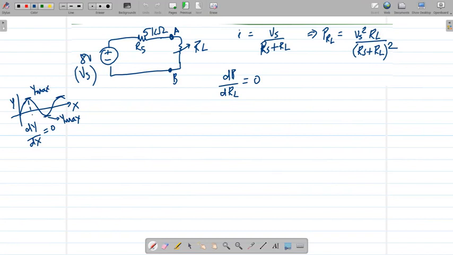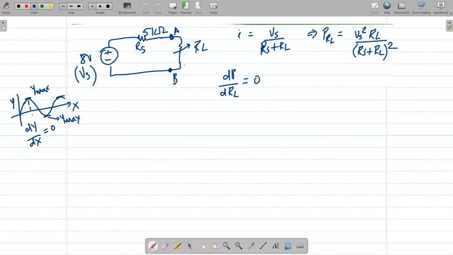RL and RL square will cancel out to get V square over RL, and RL being infinity will give power as 0. If RL is infinite, that means this is an open circuit. Obviously no current can flow, so no power is delivered. So whether you have RL as 0 or RL infinite, in both cases the power delivered is 0, whether you have a short circuit or an open circuit. That means the appropriate value of RL should be something in between an open circuit and a short circuit.